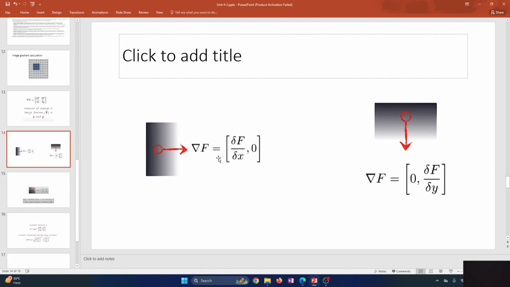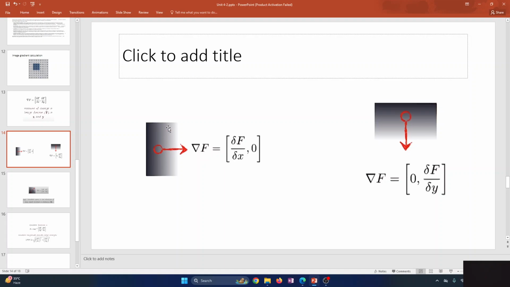Now there are two types of gradients we can see. This gradient is in the x direction.